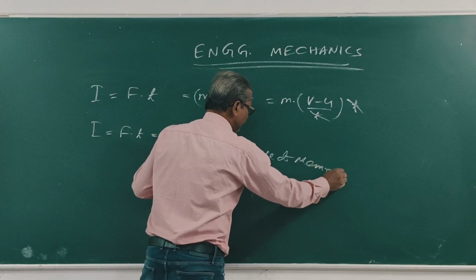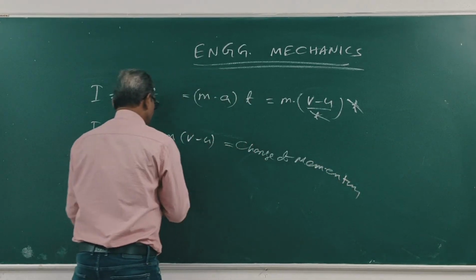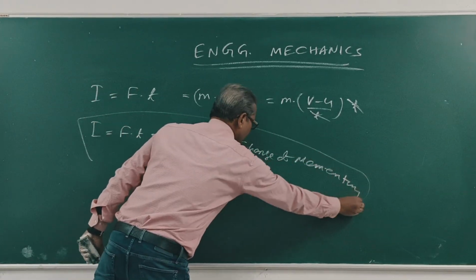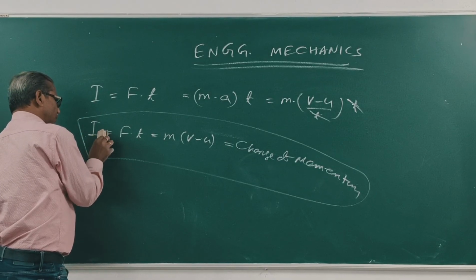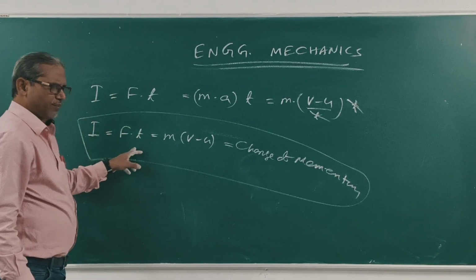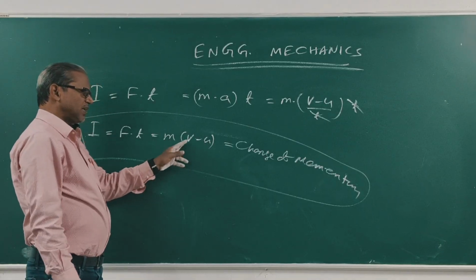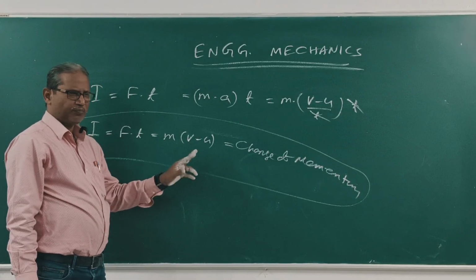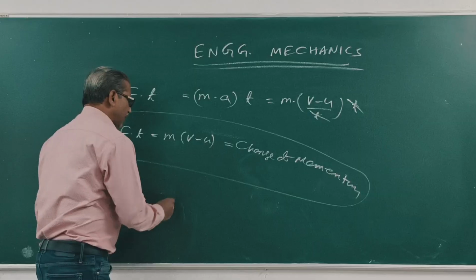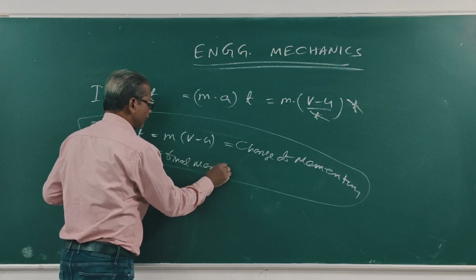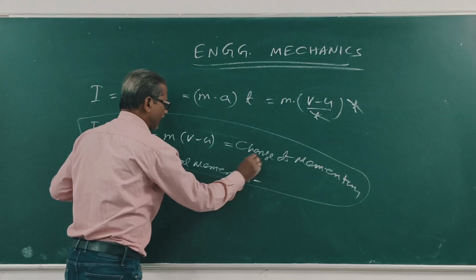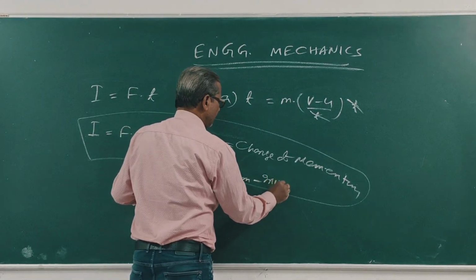Hence, impulse I is equal to the product of force and time, which is equal to the change of momentum, that is, final momentum minus initial momentum.